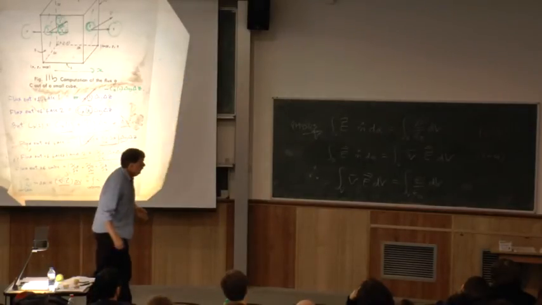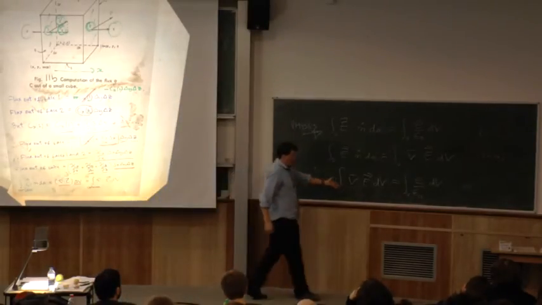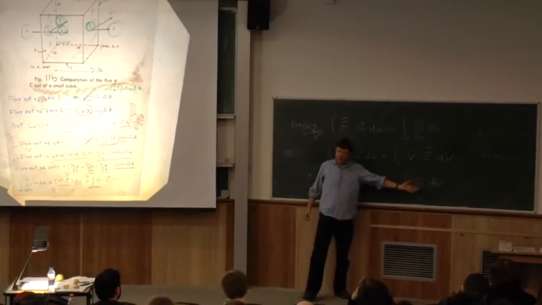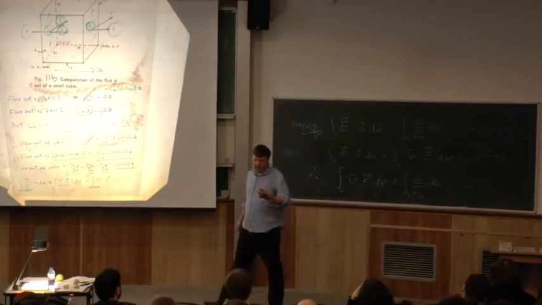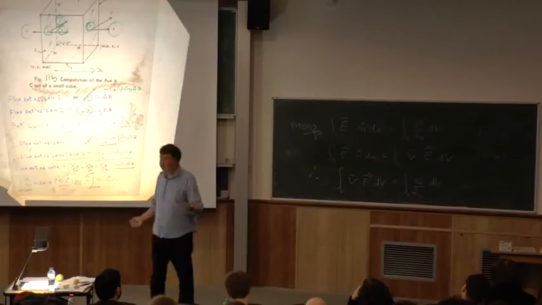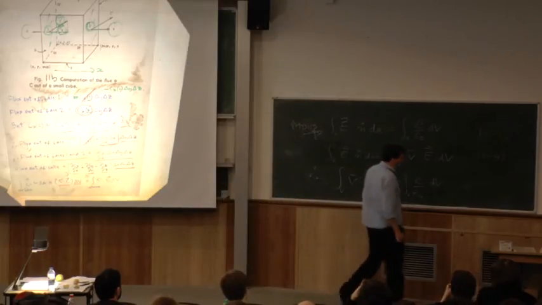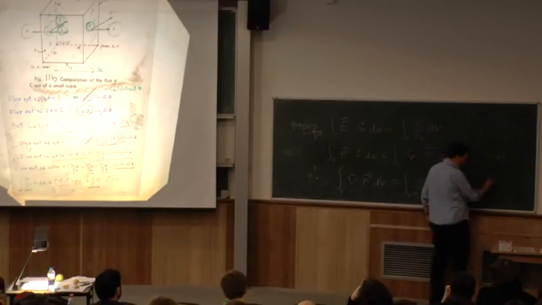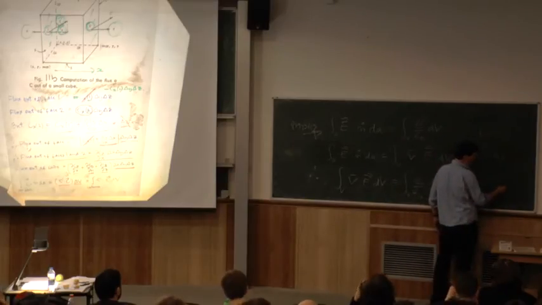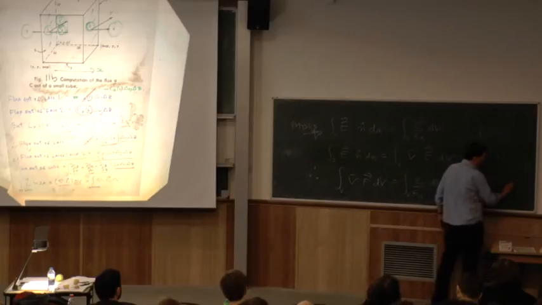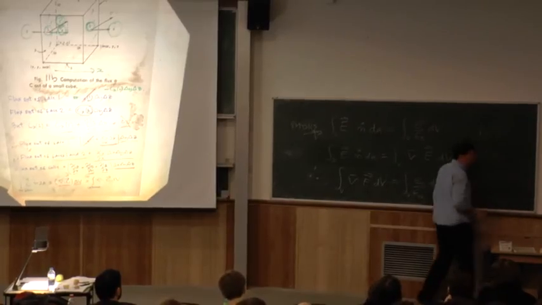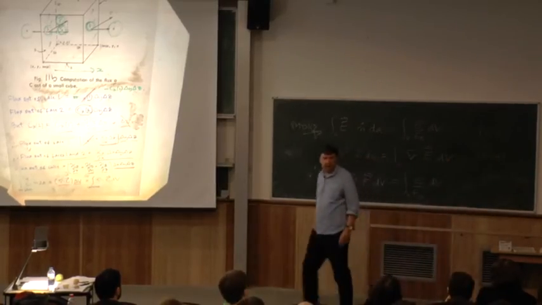But now, this equation is true for any arbitrary volume in space. So the integrands, the things under the integral sign, have got to be equal. I won't keep burdening you with the sort of year 1 maths, but if the integral of f of x is always equal to the integral of g of x, then f of x is equal to g of x.